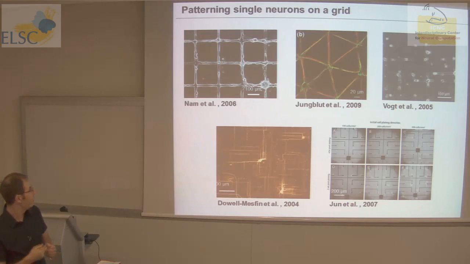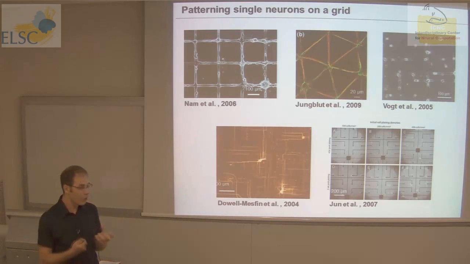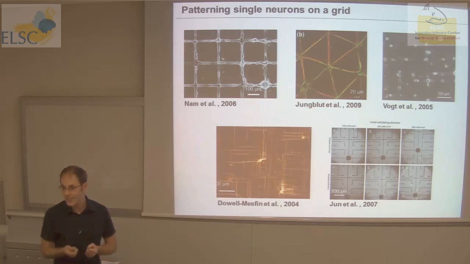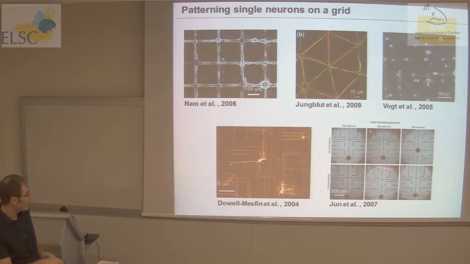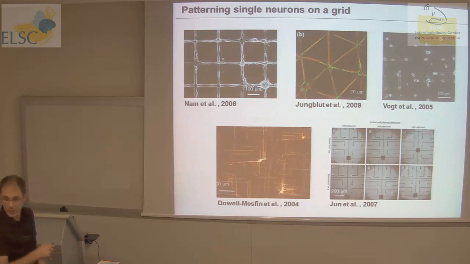A very nice practice was to couple such networks with multi-electrode arrays. Then you can potentially get a recording of almost all of the cells in the network, and the connectivity is mapped. Indeed, a lot of nice patterning techniques were developed, and very nice images, as you can see here.